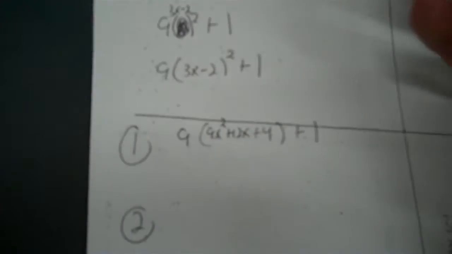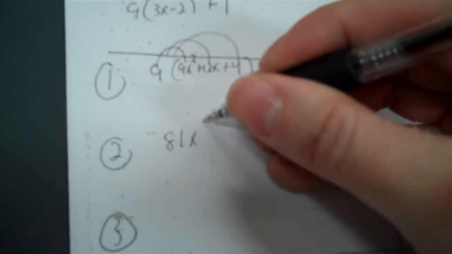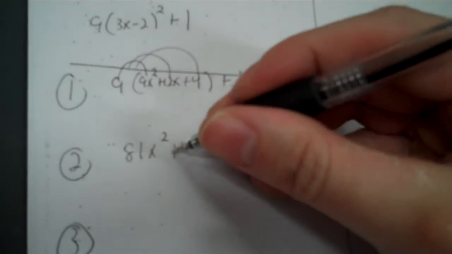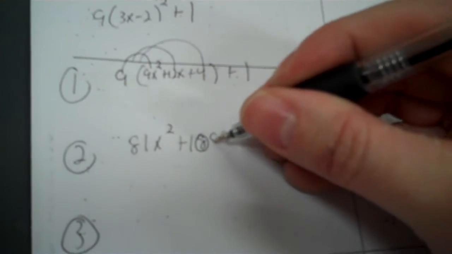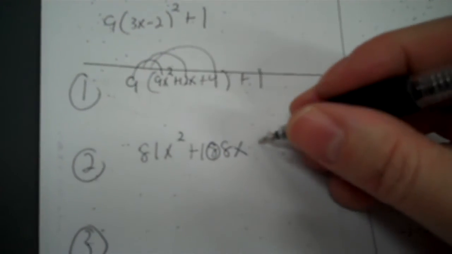Now step 2: the power is inside of the parentheses just with the x, which is what I wanted all along. Now I distribute the 9 to everything. So 9 times 9 is 81x to the second. 9 times 12 is going to be 108x, and then 9 times 4 is 36.